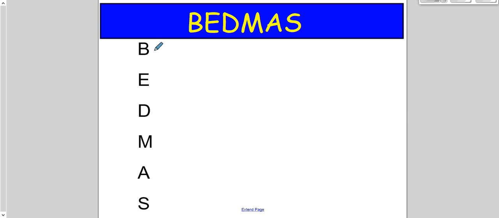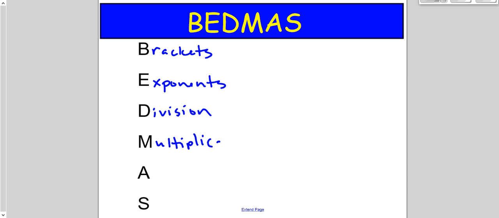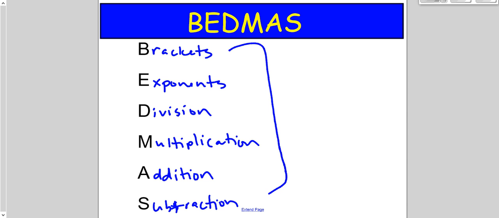B stands for brackets, E stands for exponents, D stands for division, M stands for multiplication, A stands for addition, and S stands for subtraction. Okay, so this is the order of operations.